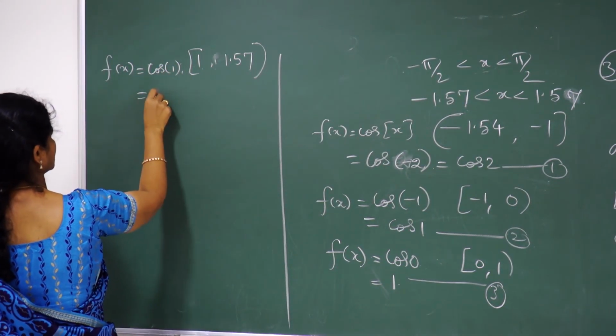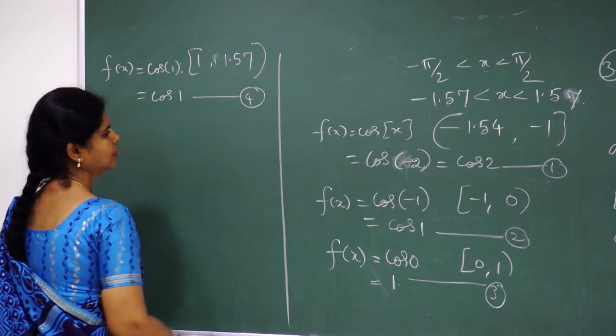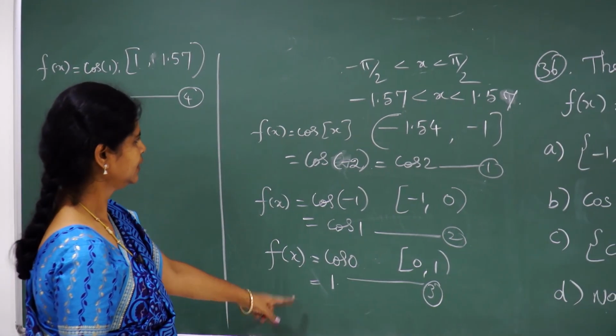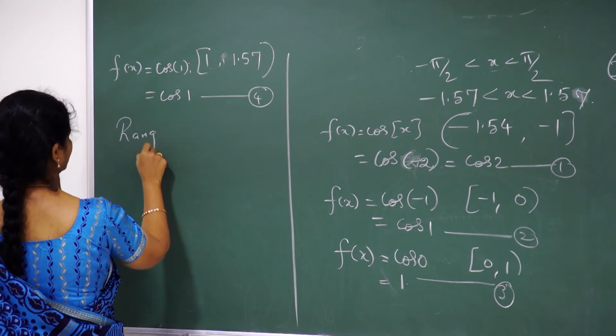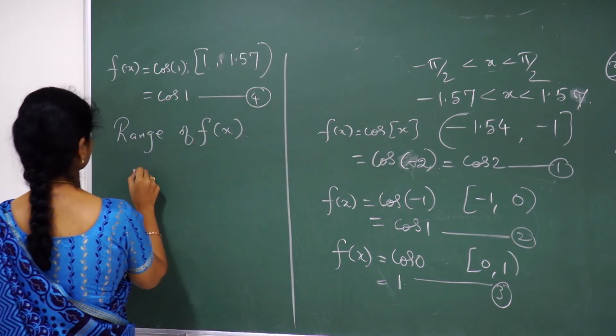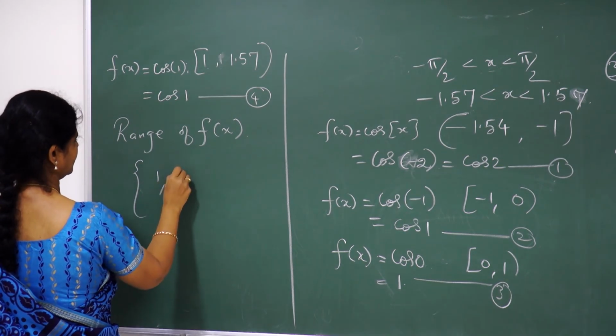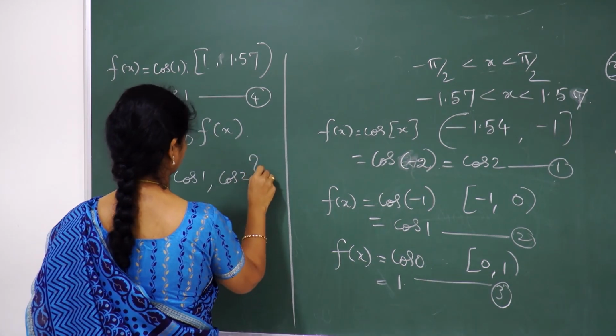So combining these values, combining 1, 2, 3, what is your range? The range of f of x, that is your y value, is 1, cos 1, cos 2. So this is your range.